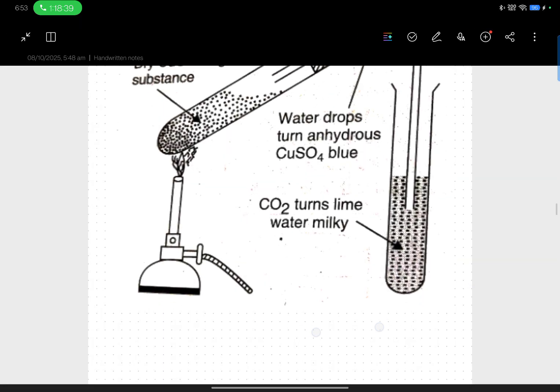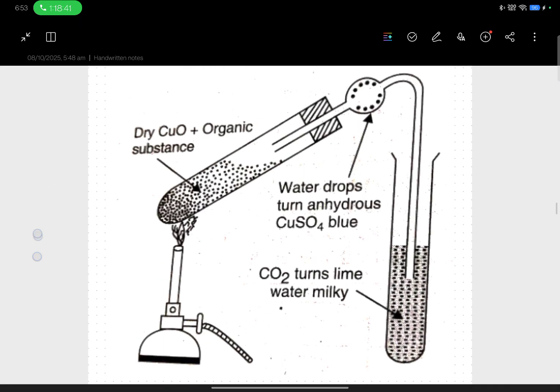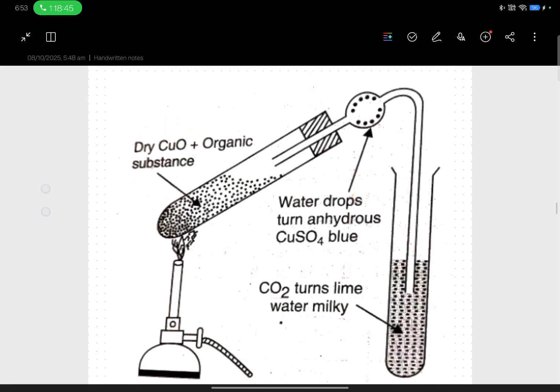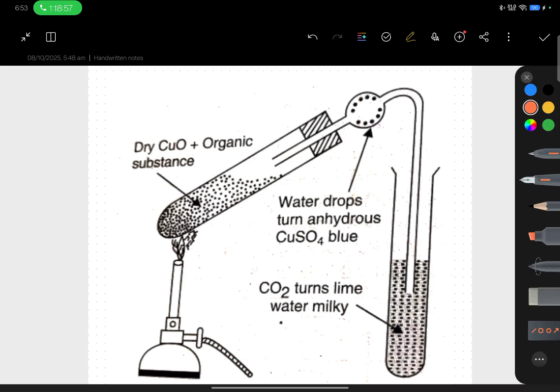Yes, sir. So in this picture you can see that this is used for the deduction of carbon and hydrogen. Draw this diagram first. The organic compound is mixed with copper oxide and then it is heated.